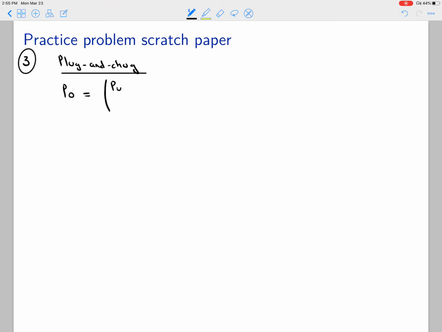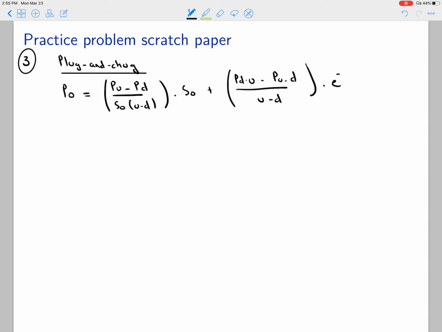It's going to be equal to (P sub U minus P sub D) over (S0 U minus D) times S0, plus (PD dot U minus PU dot D) over (U minus D) times e to the negative RT. Plug in a bunch of inputs.